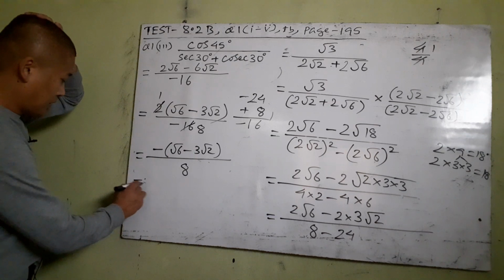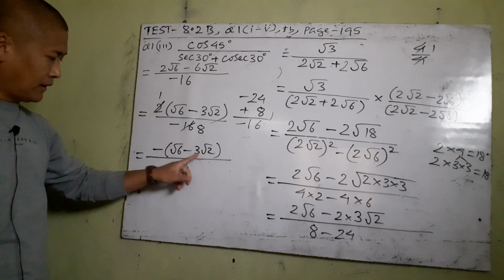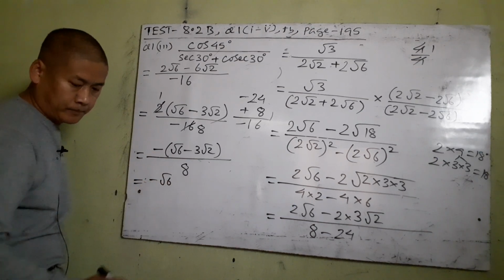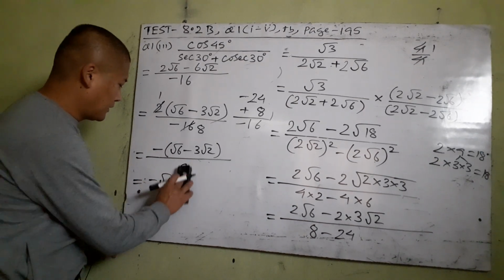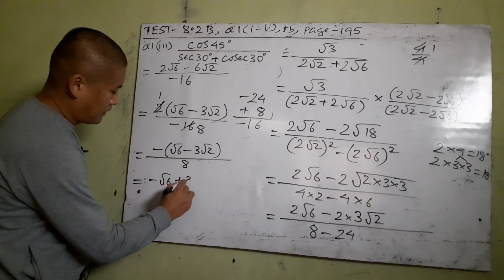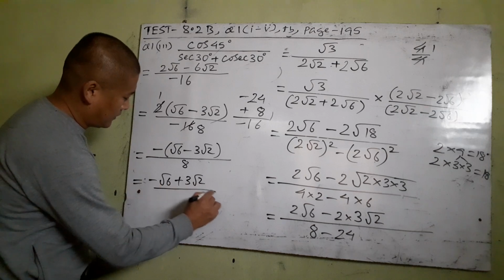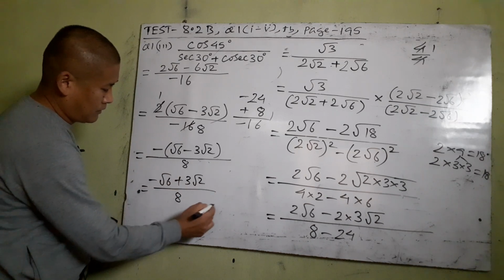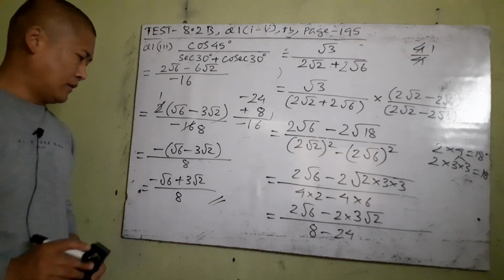So next is just a matter of multiplying this minus to the inside numbers. So minus into plus is minus root 6, and then minus root 6. Then minus into minus is plus 3 root 2 divided by here 8. So that can be our answer.